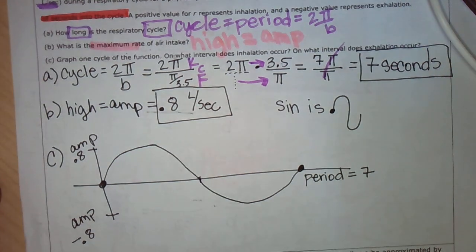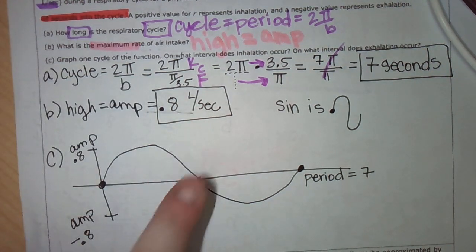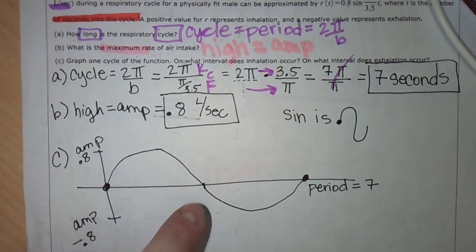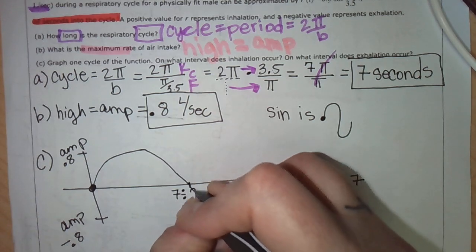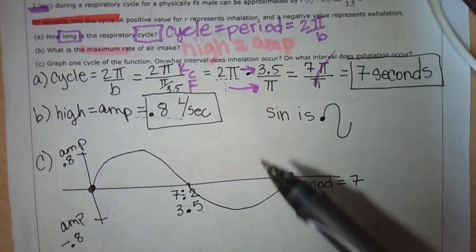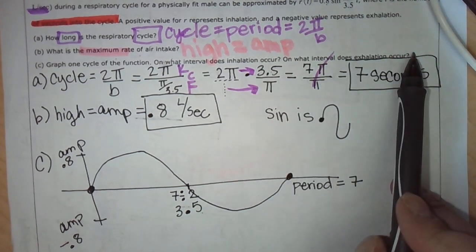Okay, that's not quite a good picture, but good enough. It says graph one cycle. I did it. Halfway through the cycle, it crosses through the x-axis. Halfway is 7 divided by 2. That's 3.5.